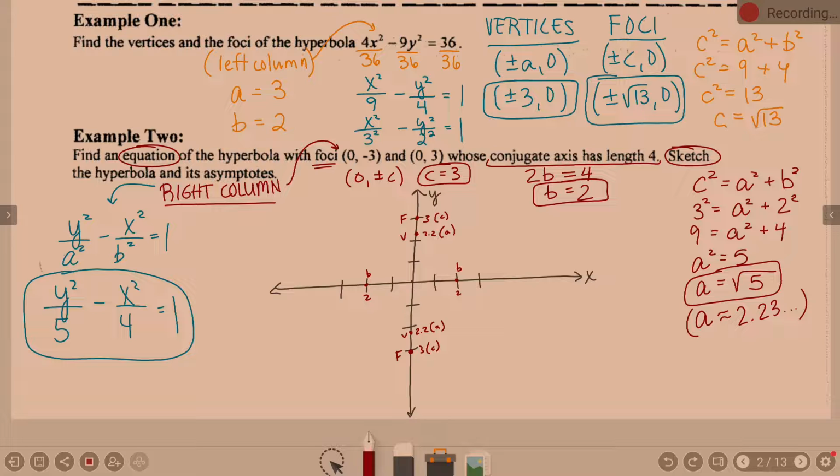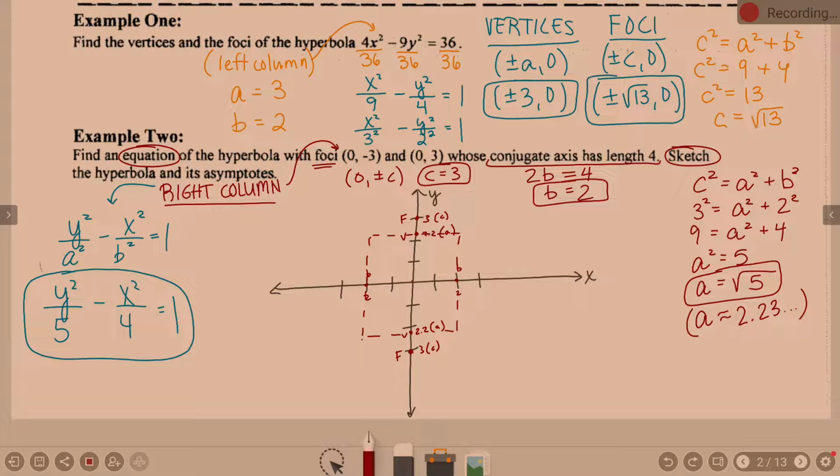We're going to use our A values and our B values to form a rectangle. So I'm going to draw dotted lines through the level of the vertices and dotted lines through where B is. Okay.